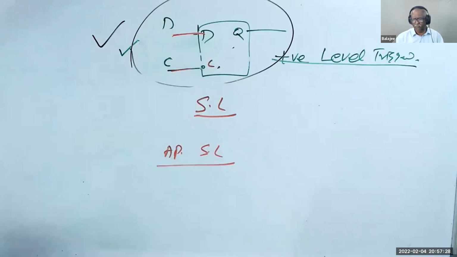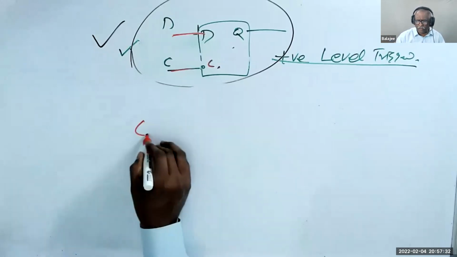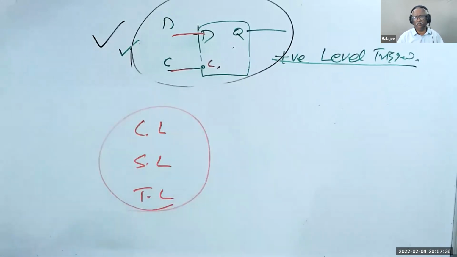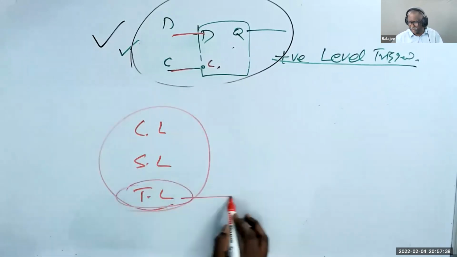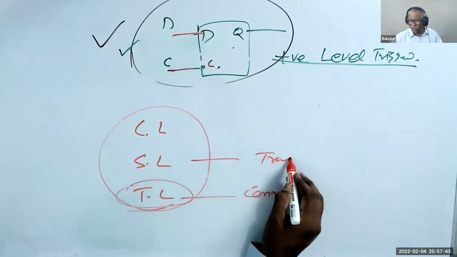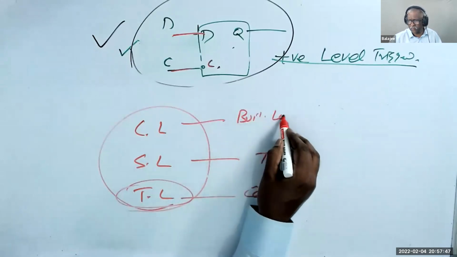Your VLSI is the same. They're all the same. VLSI building blocks are combinational logic, sequential logic, and tri-state logic. Only the 3. The tri-state logic makes the connections. Sequential logic is to transfer. Combinational logic is to build the logic. That's all.